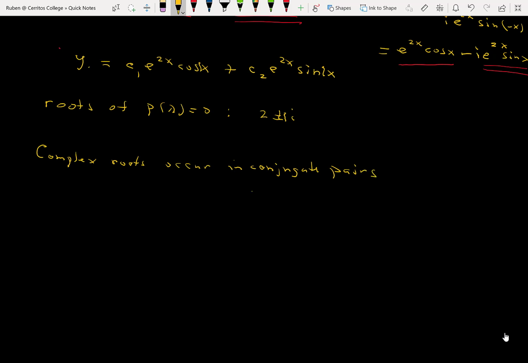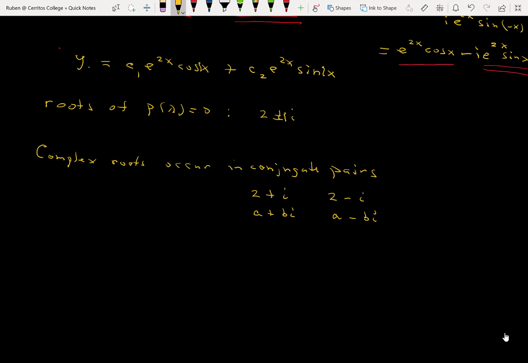The conjugate of 2 plus i is 2 minus i. Remember from algebra that the conjugate of a complex number a plus bi is a minus bi. And this situation always occurs if you have complex roots. They always occur in conjugate pairs.